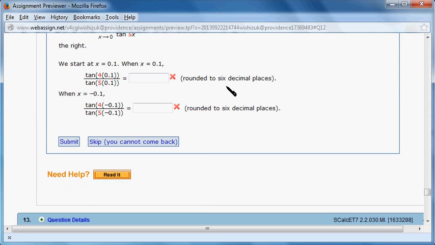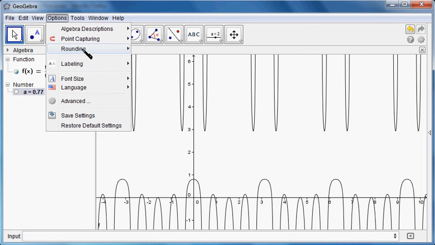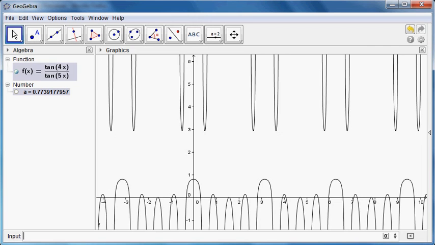We want six decimal places, so go to options and rounding. I'll probably do 10 decimal places so that we can see enough. You can see that 0.773918 would be the answer.